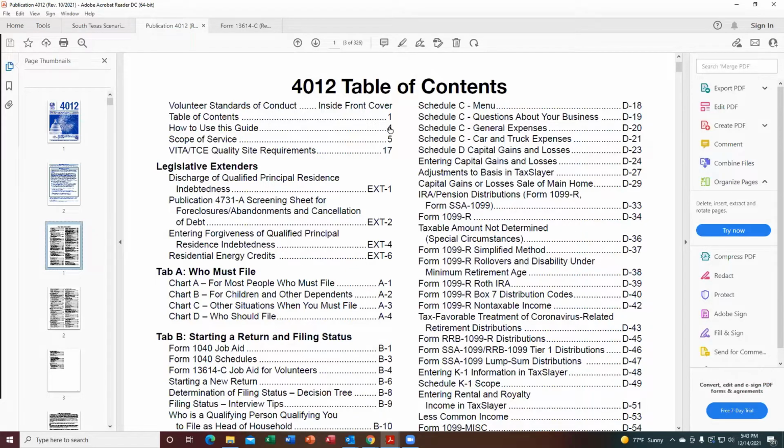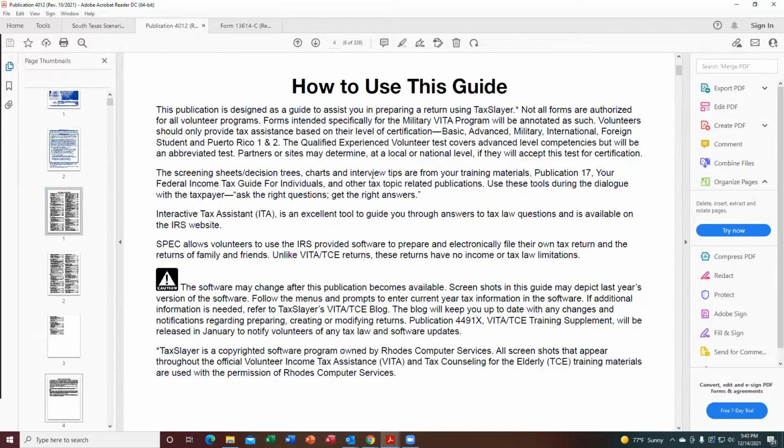So I'm just going to click here on my table of contents as we work through this. It tells you that this publication is used mainly to assist as you're working through the tax software. The 4012 has a lot of screenshots, if you will, of the TaxSlayer software that assist in the process of entering information.